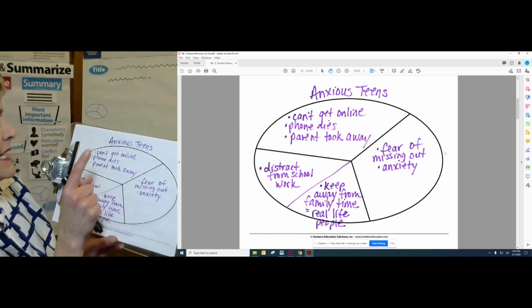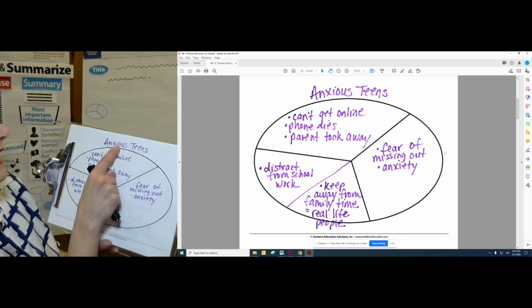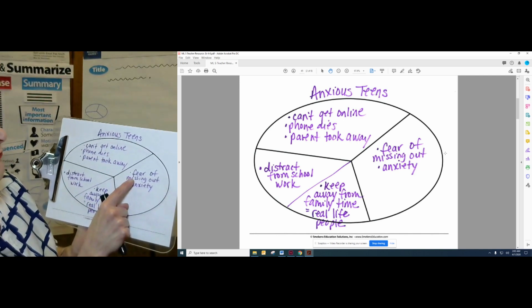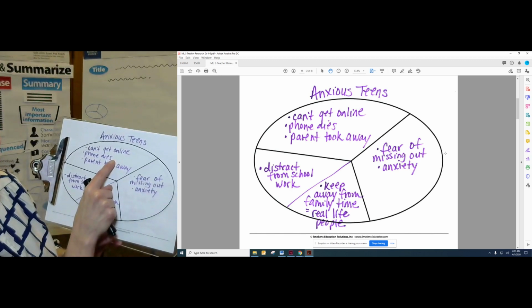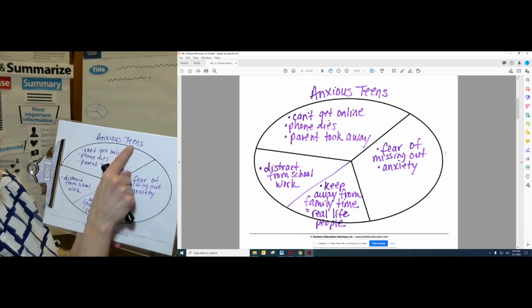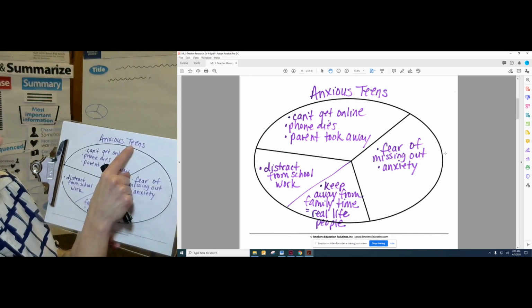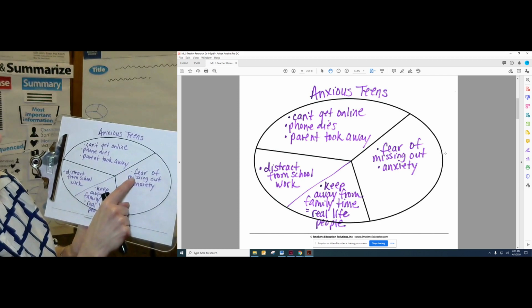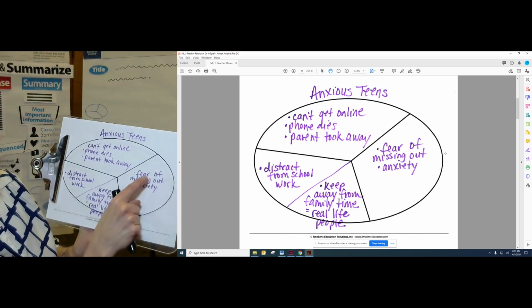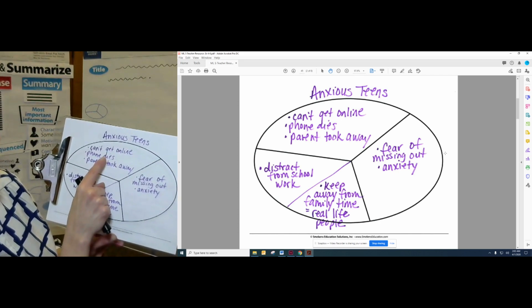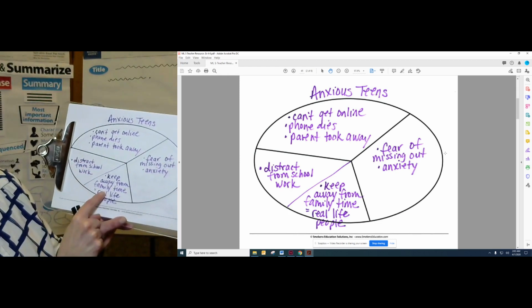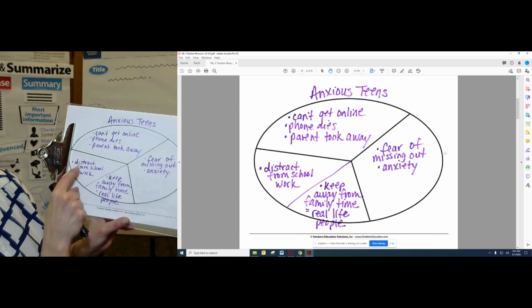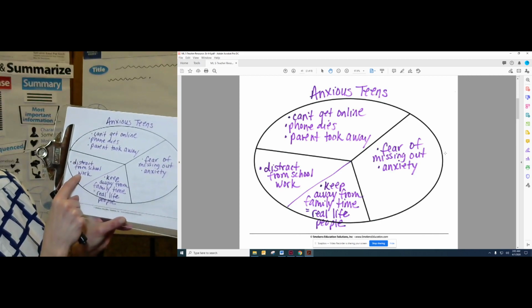So teens get anxious when they fear missing out online, or anxious teens fear not being online, and it keeps them away from family and distracts them from schoolwork.